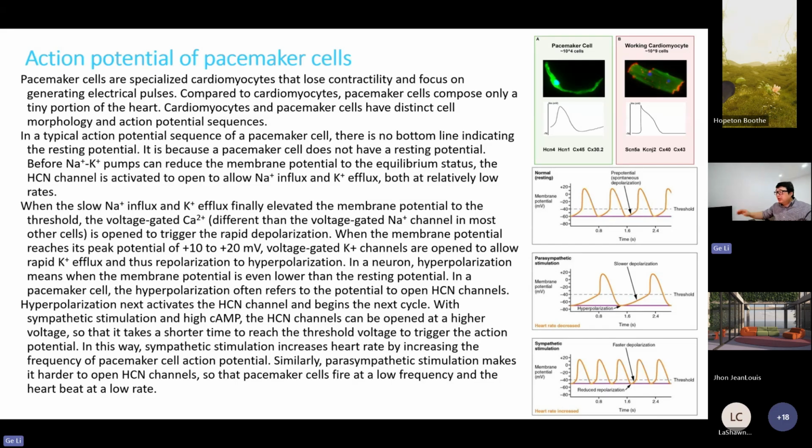In this case, the membrane potential just fluctuates up and down, up and down. And whenever it's going up, it generates an action potential to be passed to the next cells. That's how the HCN channel can open by itself.